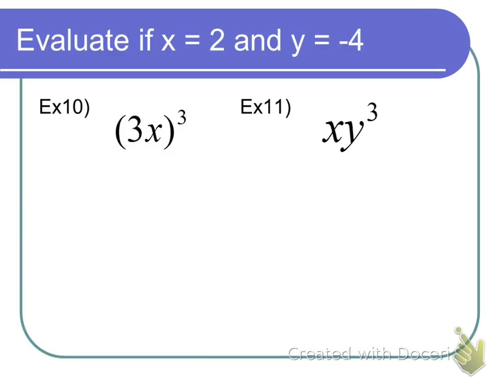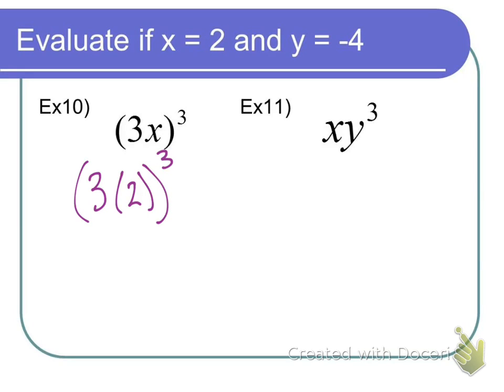10 and 11 ask us to evaluate given certain values for our variables. Anytime we evaluate, what's the first thing we should do? Plug them in, substitute. So we've got 3 times 2 cubed. By our order of operations, where should we start?